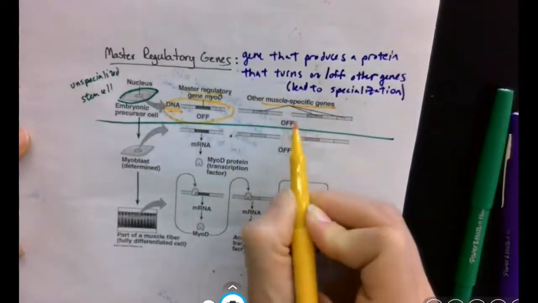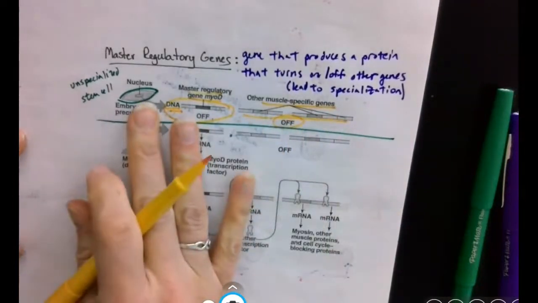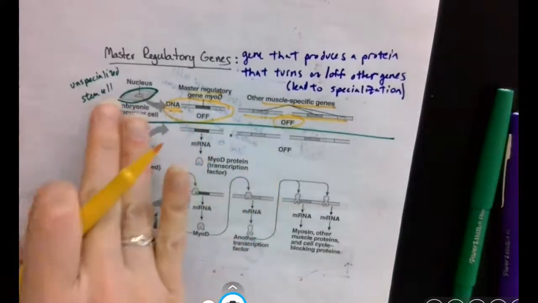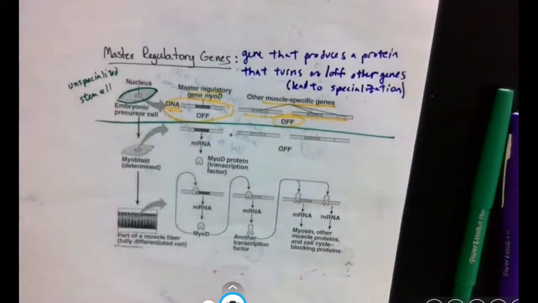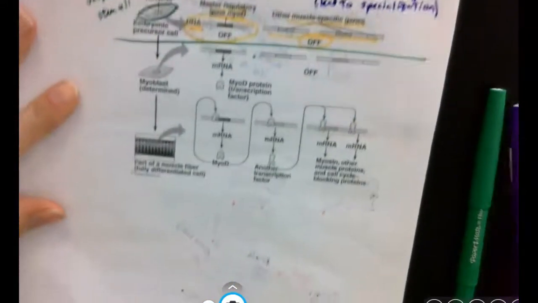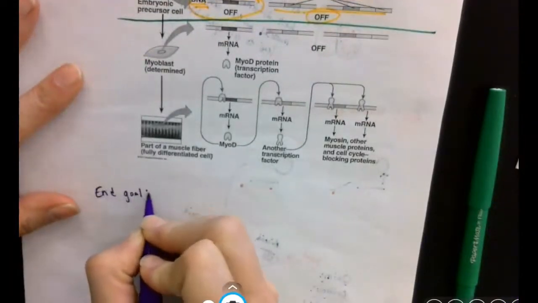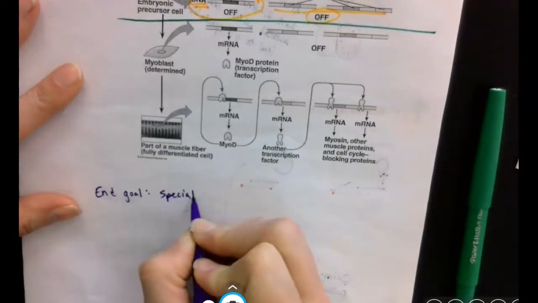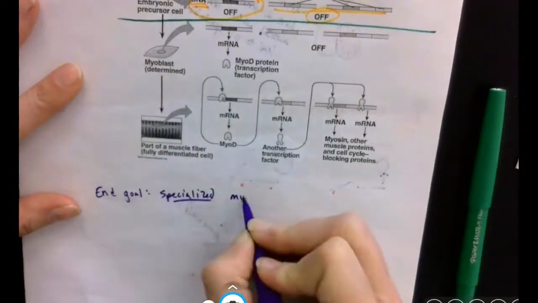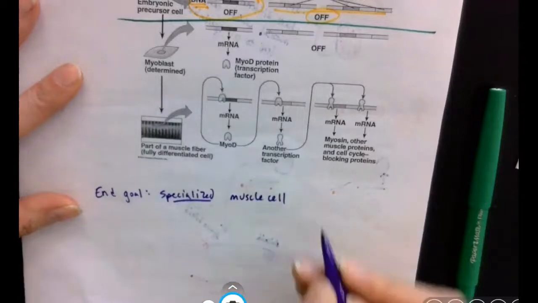Other muscle-specific protein genes are off. So this is just a stem cell. But how do we get this stem cell to become specialized, right? Our end goal, let's say, is a specialized muscle cell. How do we get there?